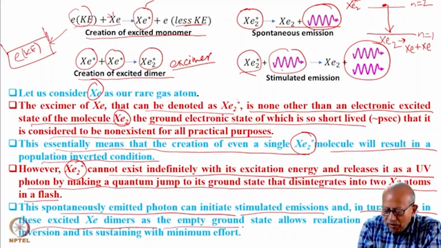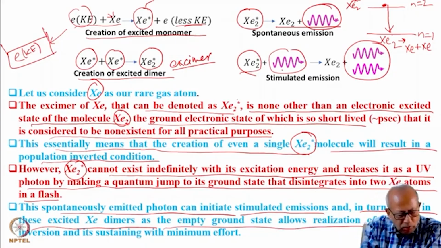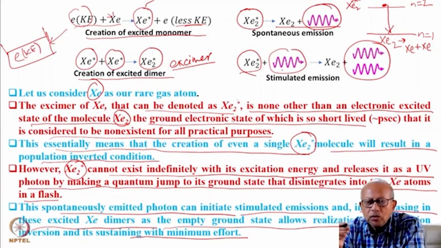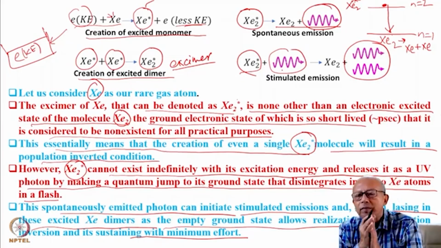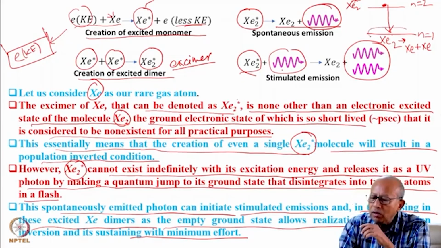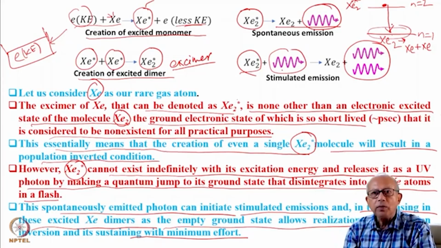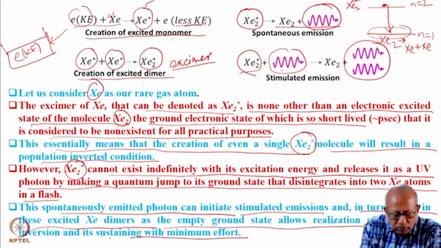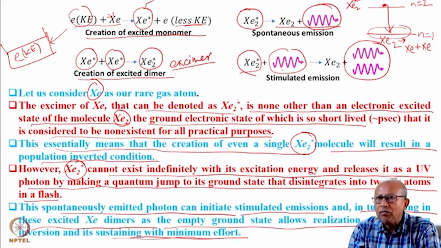And as the empty ground state allows realization of population inversion and its sustaining with minimum effort. And the moment it drops down to the ground state, it immediately splits. So the population of the ground state is always considered to be zero. So this allows realization of population inversion and its sustenance with minimum effort.